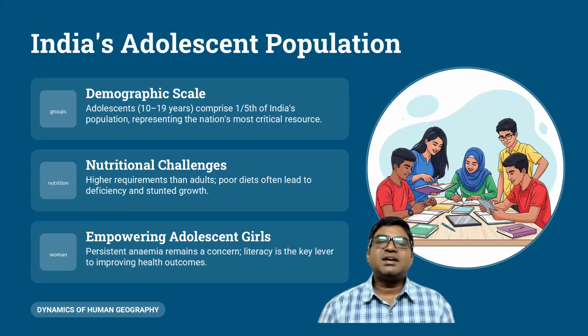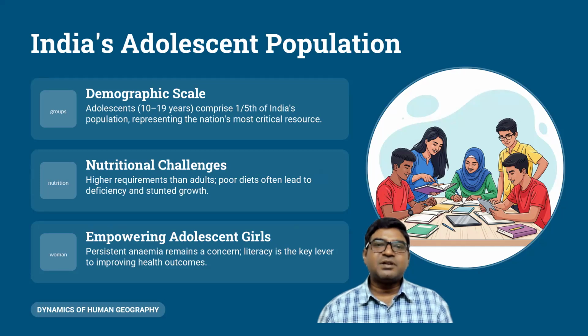Now, what is India's policy towards population? India's adolescent population means the teenage population, where adolescents are aged from 10 to 19 years. They comprise around one fifth of India's population, representing the most critical resource for us. Coming to the nutritional challenge, they have higher requirements than adults.